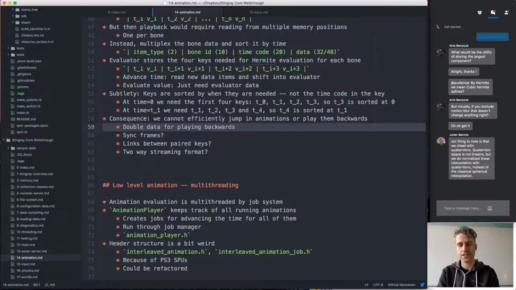So this is maybe something that we want to fix in the future. It's not super clear how to fix it using the format of the data that we have.